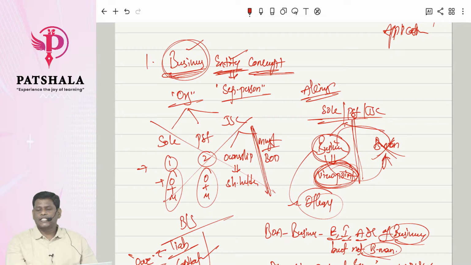Next, books of accounts of business should consist of expense, income, asset and liability of business, but not businessman. Clear? Next.